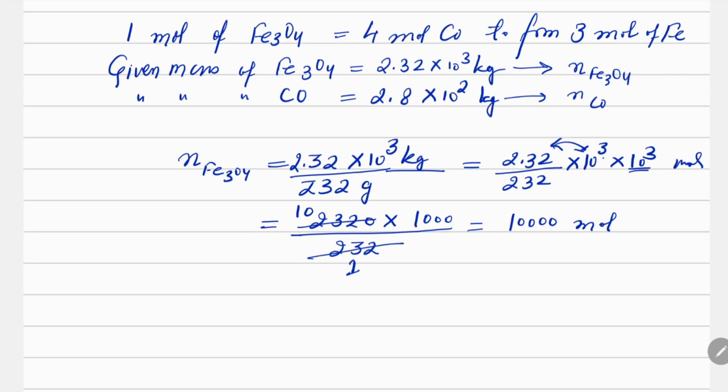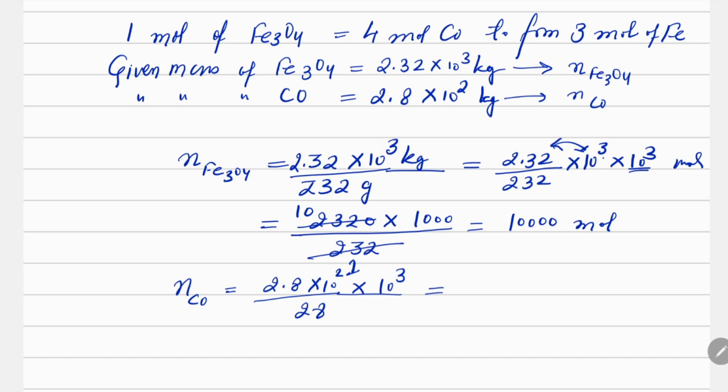Now let's find the number of moles of carbon monoxide: once again given mass divided by molar mass. The given mass is 2.8 into 10 to the power 2, again in kilograms, so we convert it into grams, and the molar mass of carbon monoxide is 28.